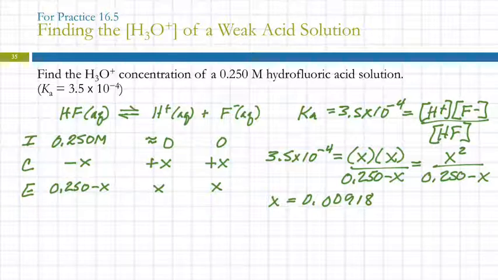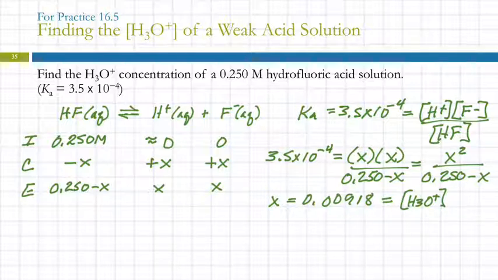And we look at that and ask ourselves, well, is that a reasonable value? If we take 0.25 and subtract that, we're not going to get a negative number, so this isn't something that's out of bounds. So x then is the hydronium ion concentration, right? So this is equal to the hydronium ion concentration.